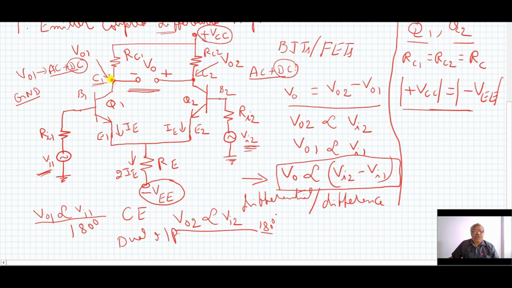So these two terminals are at the same DC potential. So if you measure the final output across these two terminals, we get only the difference of the AC components. Both DC components will be balanced out. That's why this circuit is called dual input balanced output. So in the output, we will not get any DC component because that is balanced out between collector 1 and collector 2.